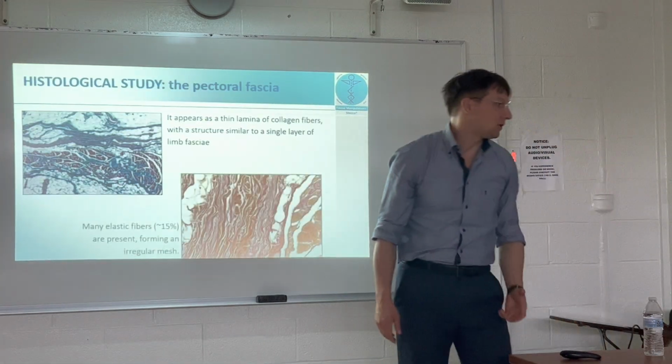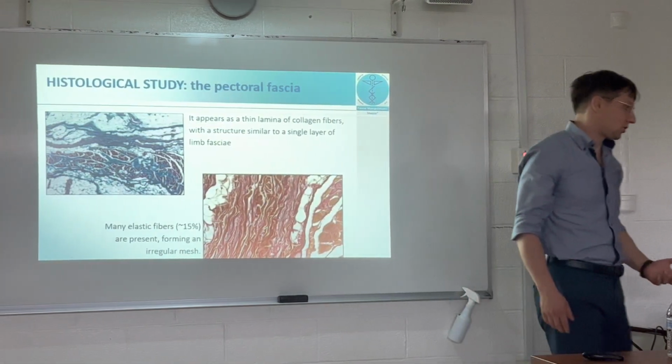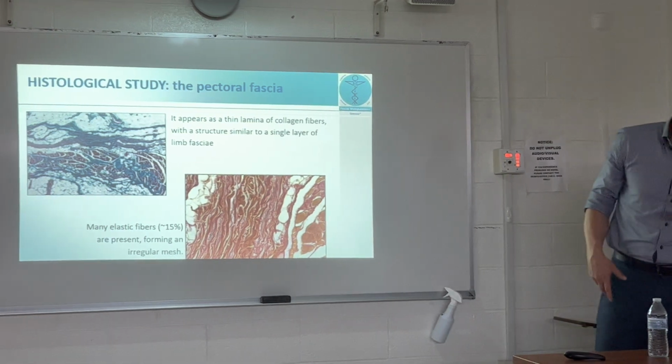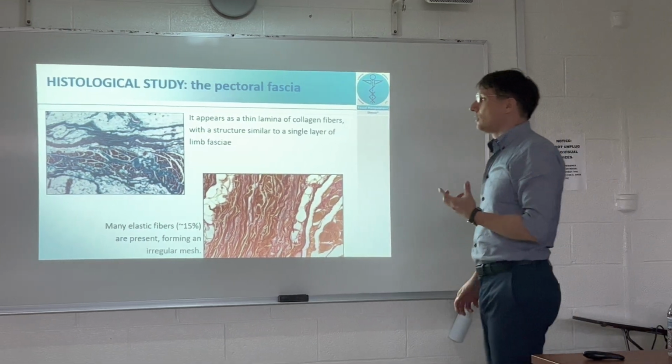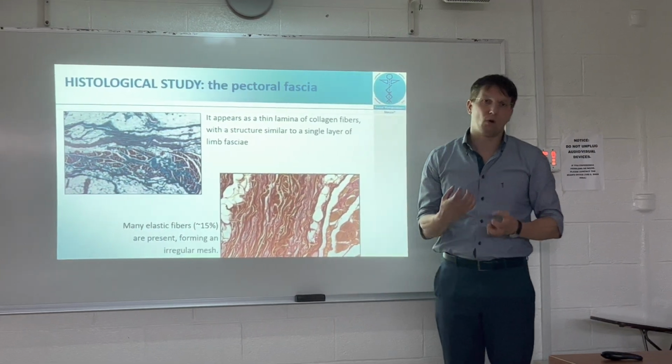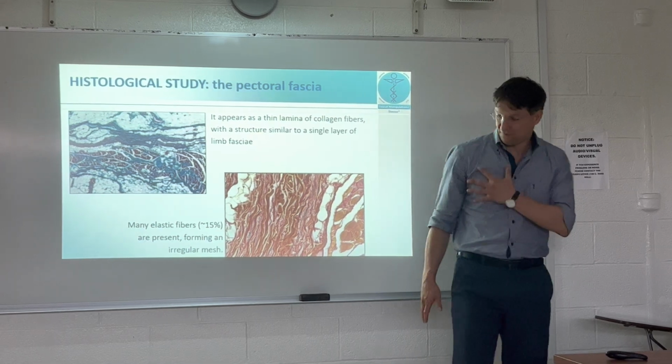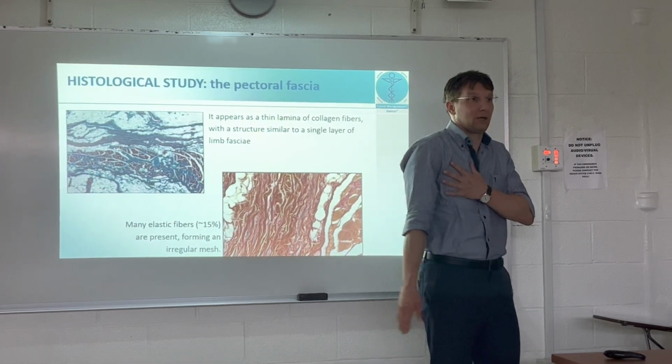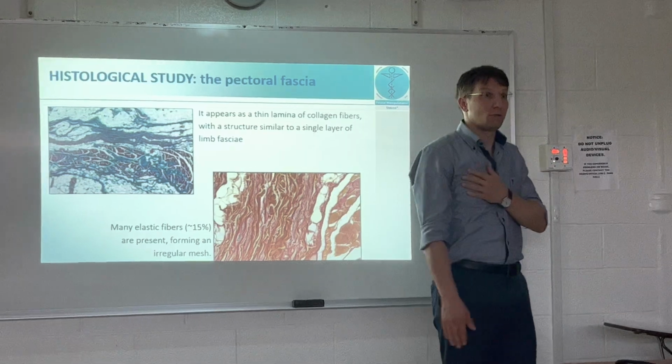Inseparable, but in the trunk, you can have a sensation like you're working a structure that is more elastic, because the fascia has to follow the contraction of the muscle. So it's more elastic.